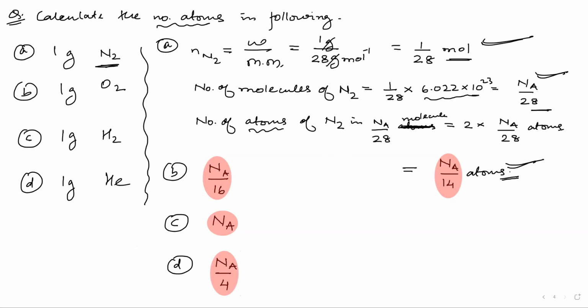Yes, Reba, correct. Okay, so we have Kashif. Okay, Abdullah. Okay, fine. No, Kashif, that is wrong. Which of the following is largest? NA by 14, NA by 16?